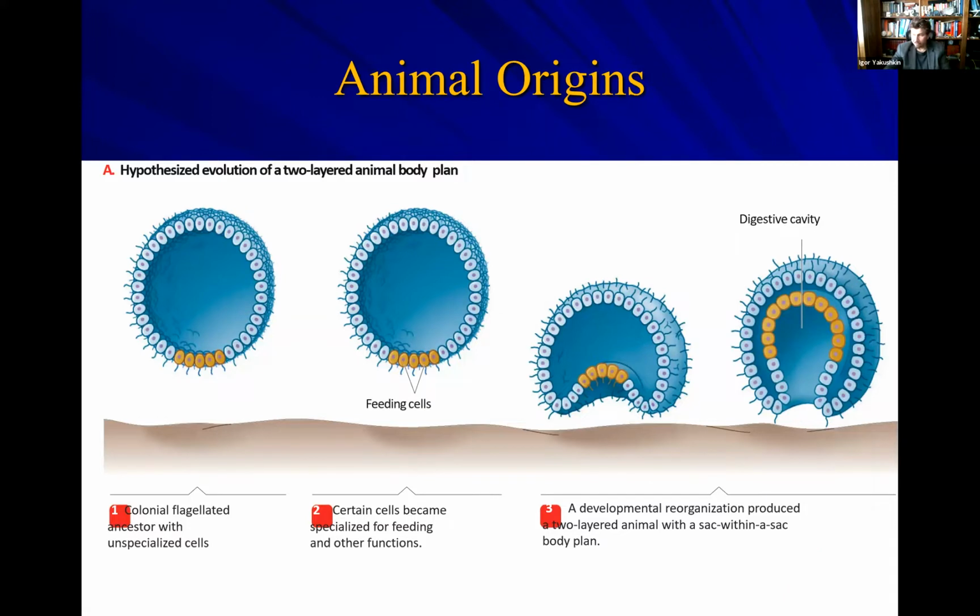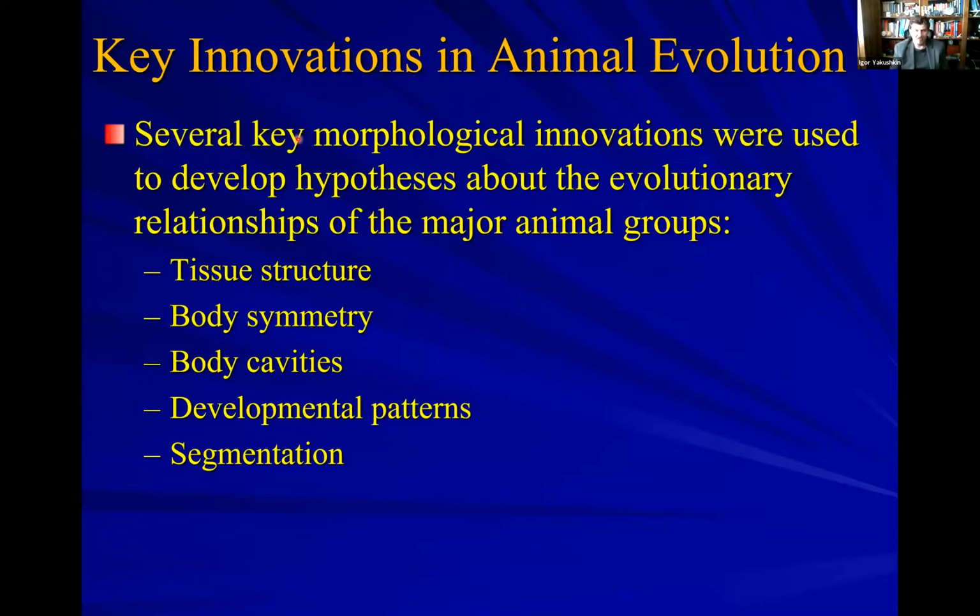All right. So keeping that particular thing in mind, now several innovations in animal evolution. Tissue structures, remember, specialized cells. Cells which are specializing in protection, in digestion, later on in the contraction, so the movement will be much more active. Body symmetry. We are bilateral creatures. Well, by we, we're talking about humans.